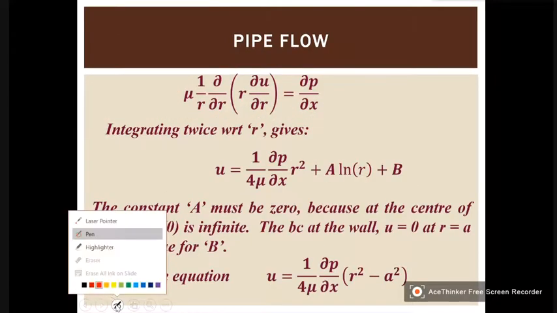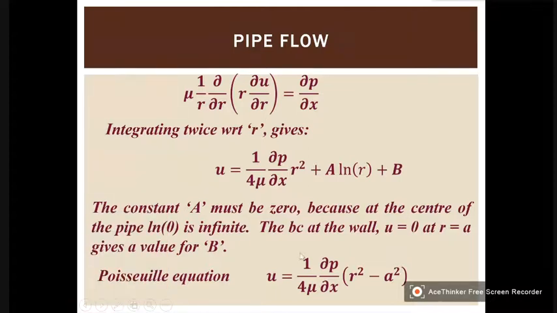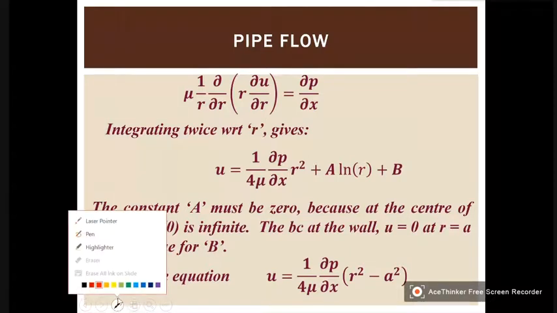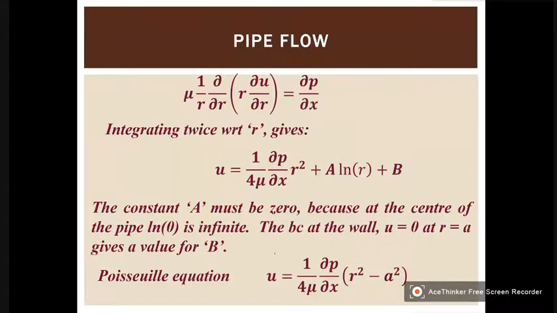I'm back. So this is the expression for the velocity. This is for a horizontal pipe. Because why is it for a horizontal pipe? Tell me.